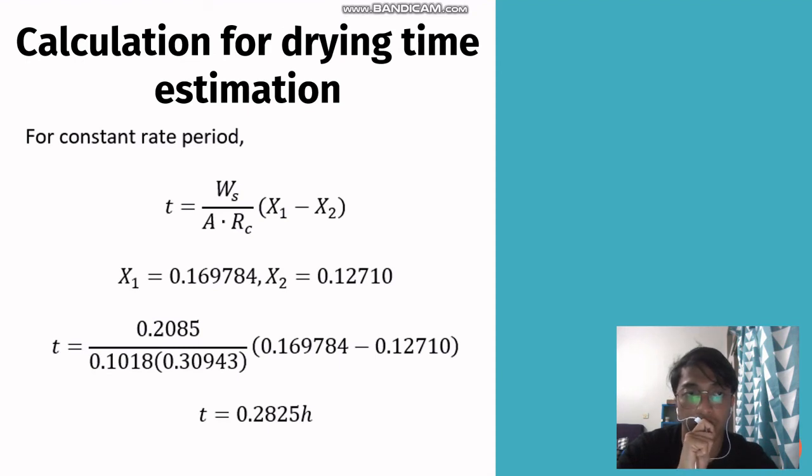Then we need to calculate the drying time estimation. For the constant rate period, we determine t is equal to Ws over A times Rc times X1 minus X2. We can determine X1 and X2 from the graph that we obtained. Then we insert all the values and we get t equal to 0.2825 hour.